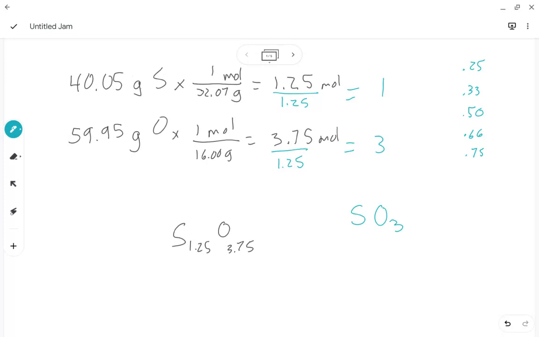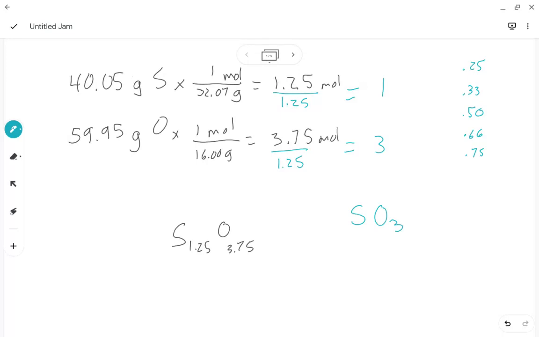So if you ended up with one of these decimals after you do this step, not before, but after you've divided by the smallest number of moles so that you get one of these down to 1, essentially, because this is guaranteed to get us to at least one whole number, because when you divide a number by itself, you get a whole number, 1.